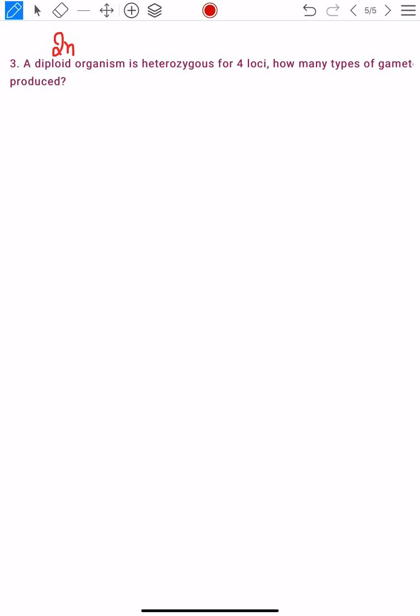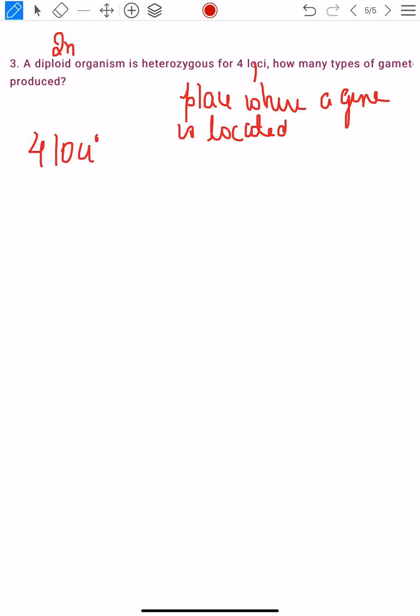First of all, you should know what a locus is. It is a place in the chromosome where a gene is located. Now, the meaning of 4 loci: if there are 4 places of gene location, that means there are 4 alleles.